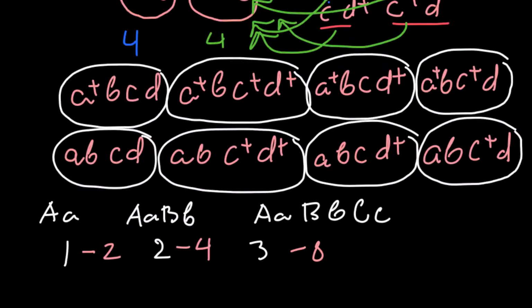And now you see the pattern. 1, 2, 3. This is number of chromosomes that is heterozygous. And here we have another 2, 4, 8. So as you see, with each new heterozygous chromosome, this number doubles.